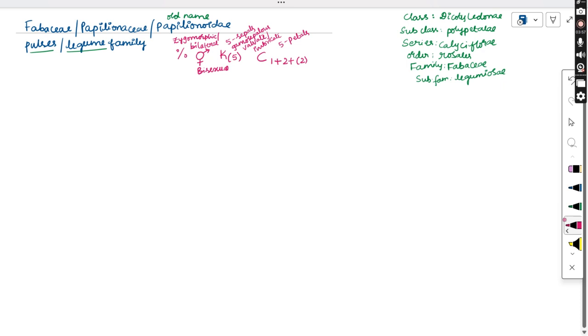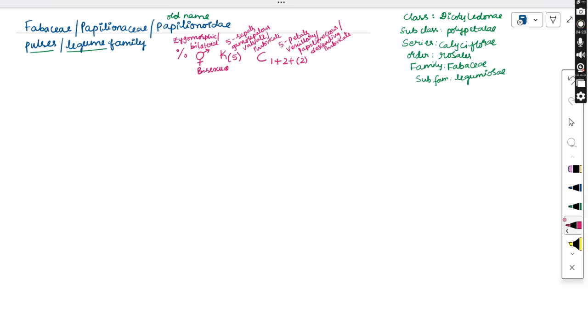The type of estivation shown is vexillary estivation. As shown by the family, we also call it papilionaceous type of estivation, vexillary, or descending imbricate estivation. That estivation can be seen in this family. We will be discussing how the petals are arranged.